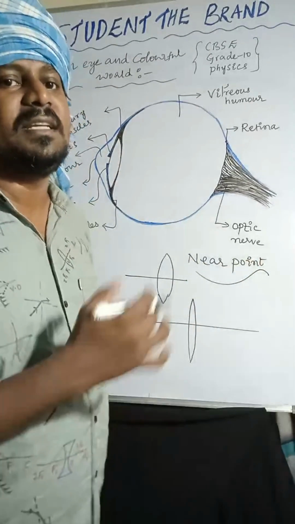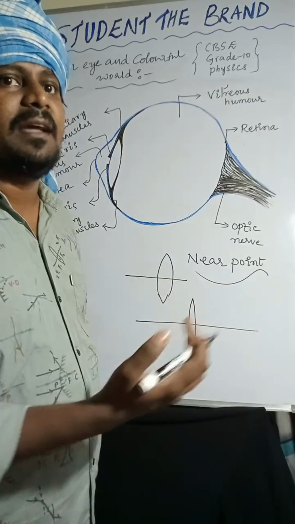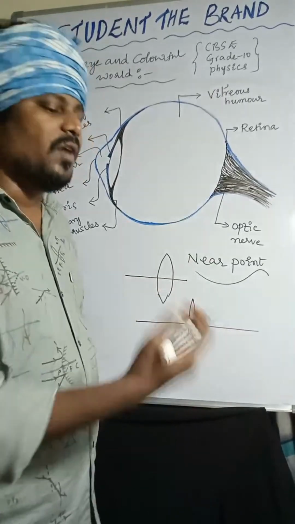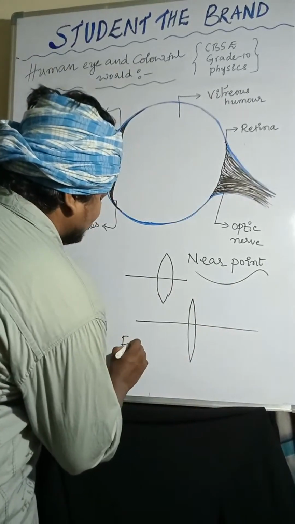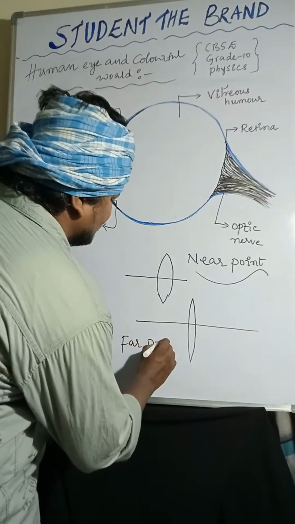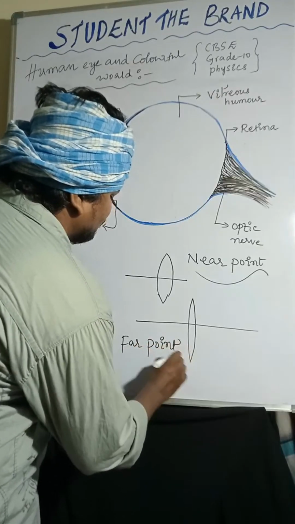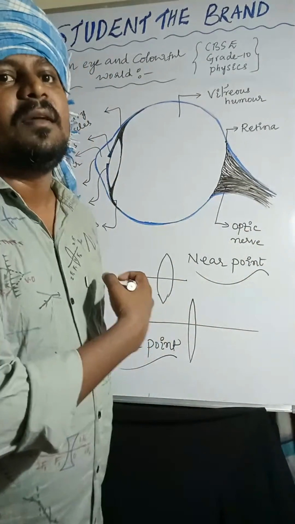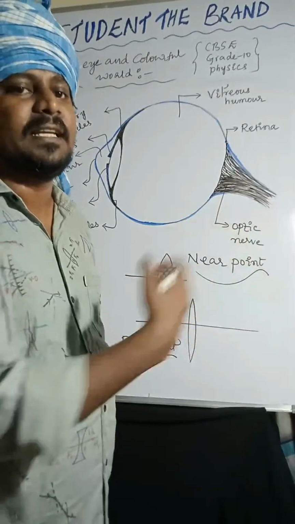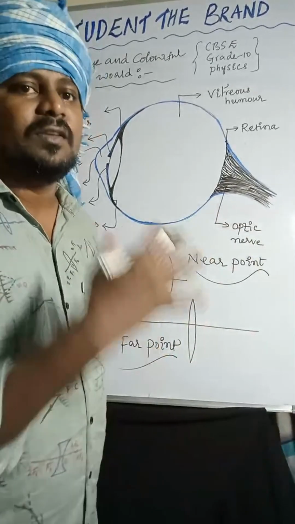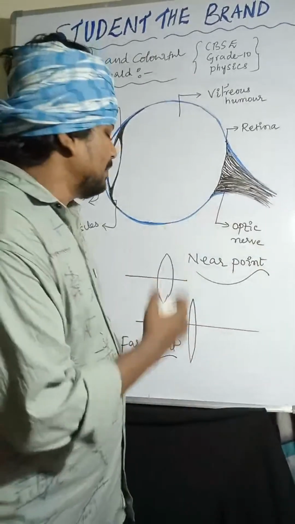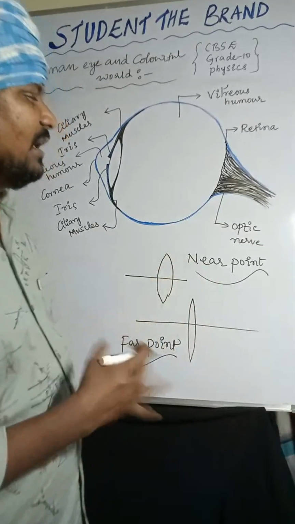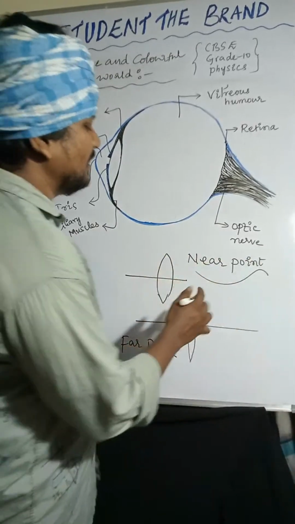The far point is the maximum distance up to which a person can see clearly without any strain.